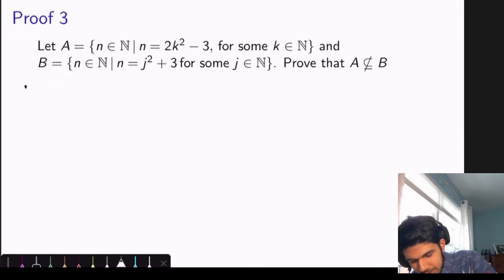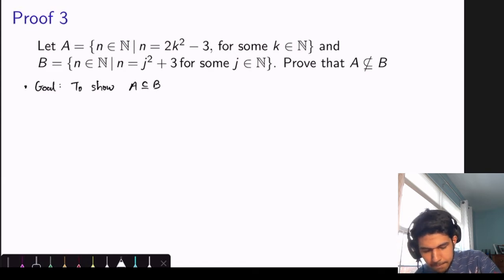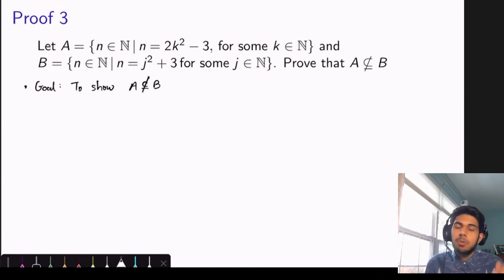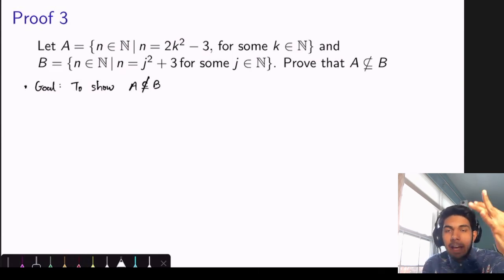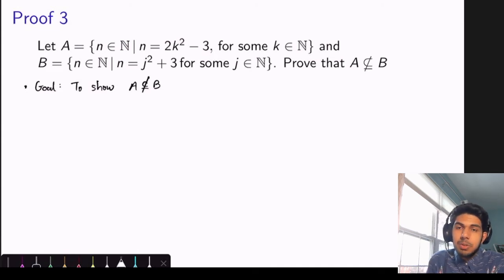So, goal. To show that A is not a subset of B, it suffices, well, first of all, what does that mean? That means that there exists some element in A that is not in B. Because if that did not hold, then every element in A would be in B, so they would be a subset.